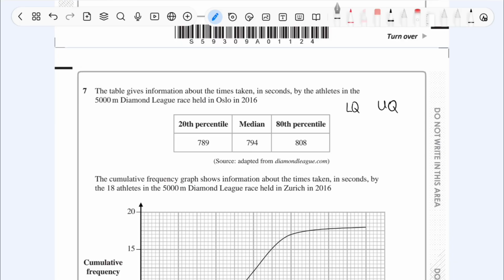We know that the lower quartile represents the 25th percent value of the data, and the upper quartile represents the 75th percent of the data. And the median is obviously the middle of the data, or 50% of the way. Now you can apply the same principle and you see that the 20th percentile is 20% of the way through the data, and the 80th percentile, you guessed it, is going to be 80% of the way through the data.